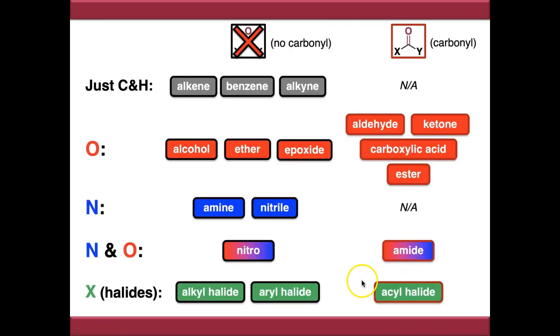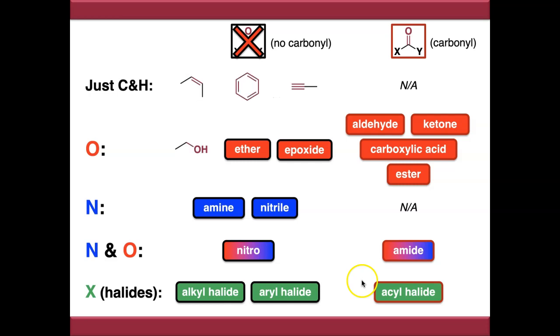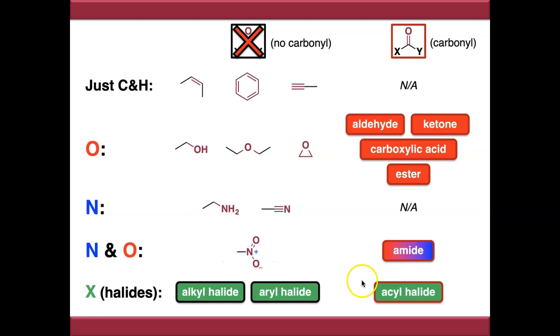So just to summarise, these are all the functional groups that we've covered in the video, categorised by whether they've got a carbonyl or not. So we came across alkenes, benzene, alkynes, alcohols, ethers and epoxides, amines and nitriles and nitro groups, alkyl halides and aryl halides.